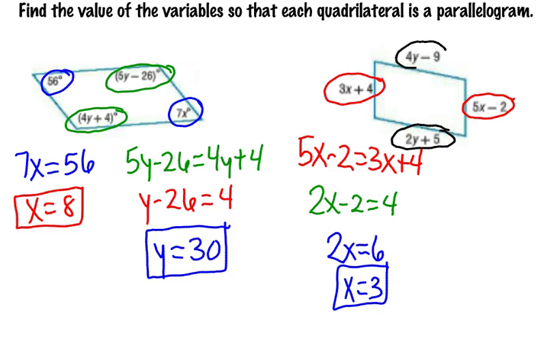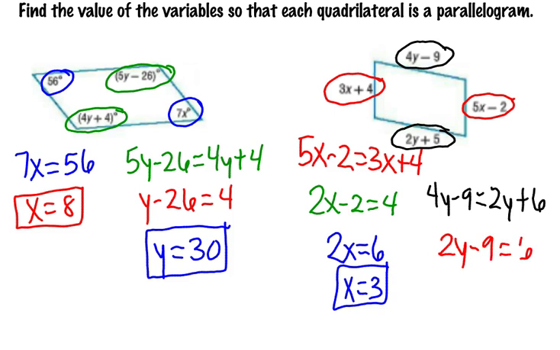Then our last one here. 2y plus 6 is equal to 4y minus 9. Bring over my y's. There we go. Bring over my 9. 2y equals, what is that? 15? Why can't I math today? Oh, because that's a 5, not a 6.